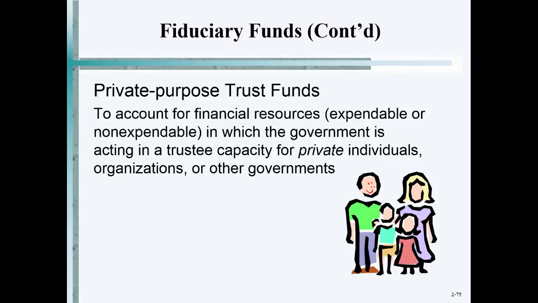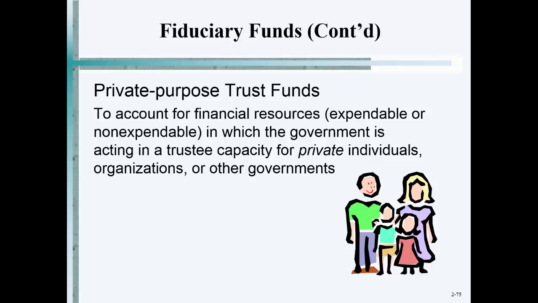Anyway, so what happens? We sit here. Stop, John. We sit here, and the private purpose trust fund is where the government is holding money on somebody else's behalf, a private entity. For example, let's say a not-for-profit that is supposed to benefit police officers comes to the city and says, will you please hold this money on behalf of the police officers?